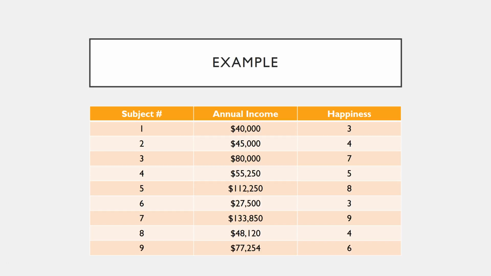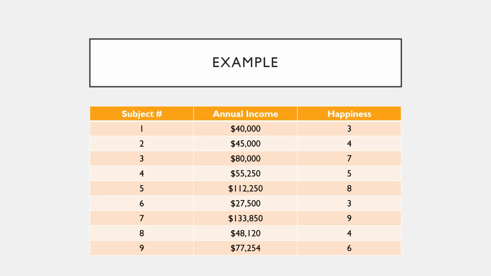Not the least of which reason is that you only have an n of 9. That's not going to give you enough data to actually say that. But you also have not set up the experiment such that you could determine that there is a causal effect here. What you would need to do is take a group of individuals at the lower end of the income, or even all ends of the income, and make them your control, and have a group of individuals that would be your experimental group.